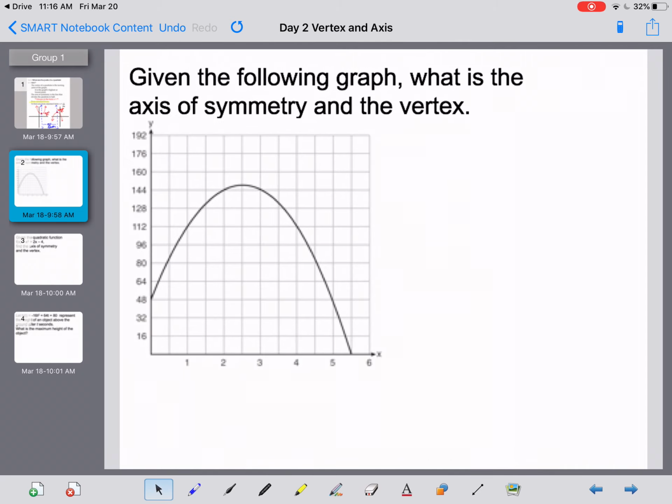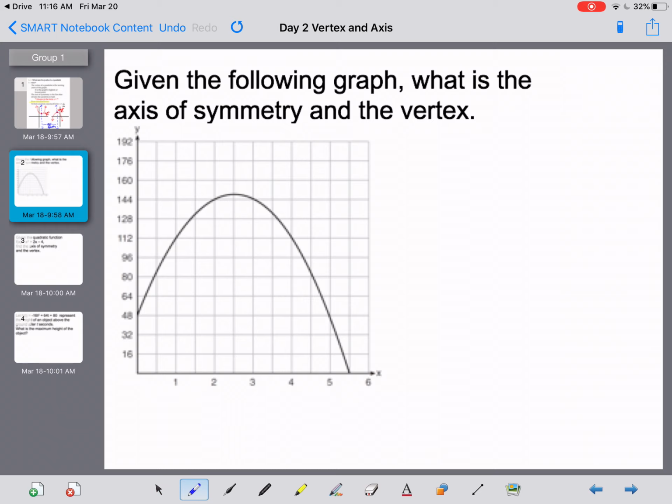Given the following graph, what is the axis of symmetry and the vertex? Take a second to copy down the question and a quick sketch of the graph.